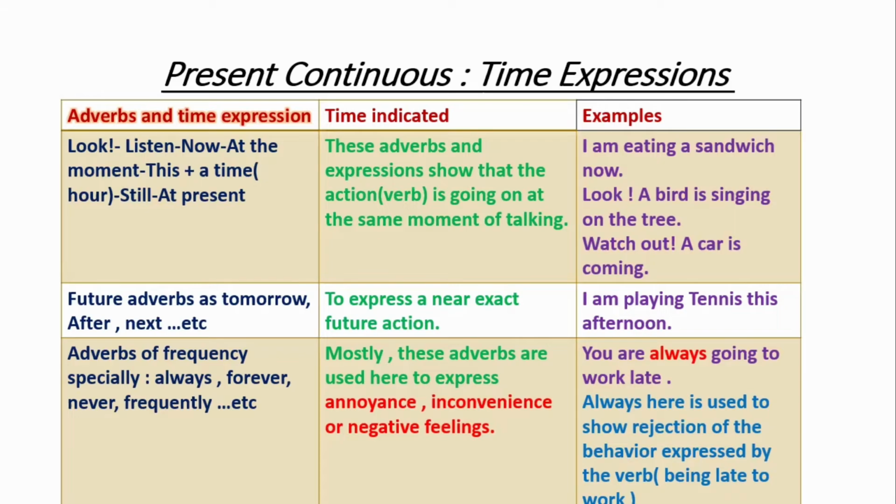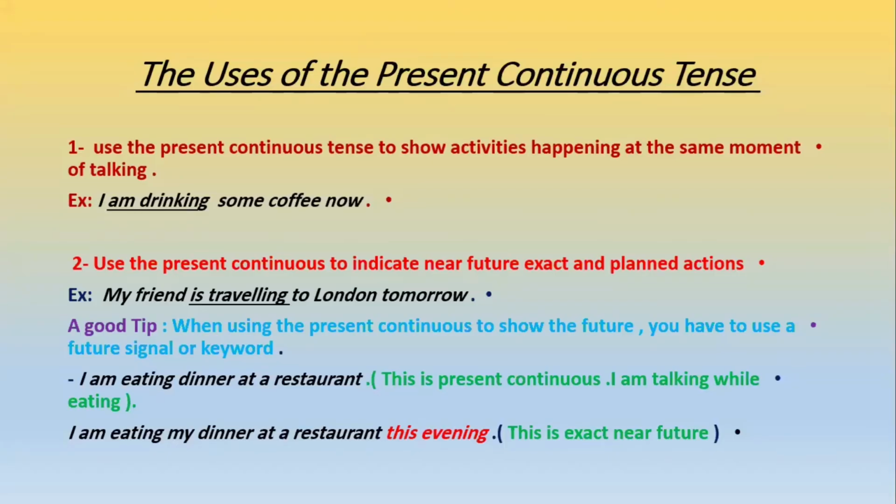Now we finished them, and we come to a very important idea. I can tell you, the present continuous tense is one of the tenses in English that has a lot and a lot of uses. It is really a lively tense, so we can use it a lot in our daily life, and I will give you these uses in detail.